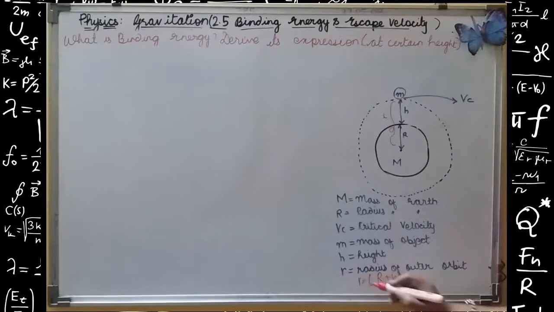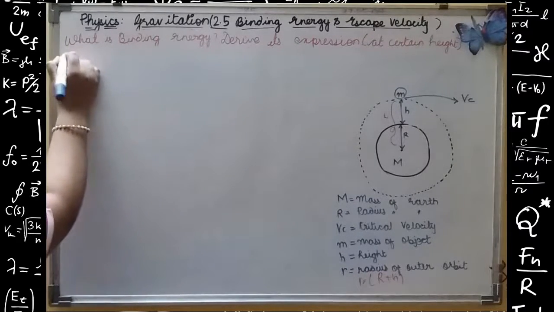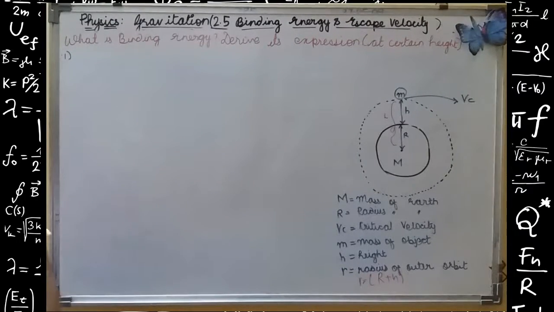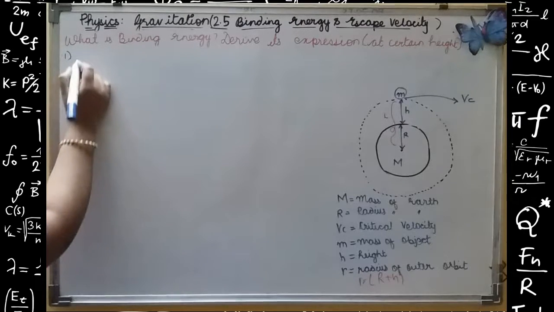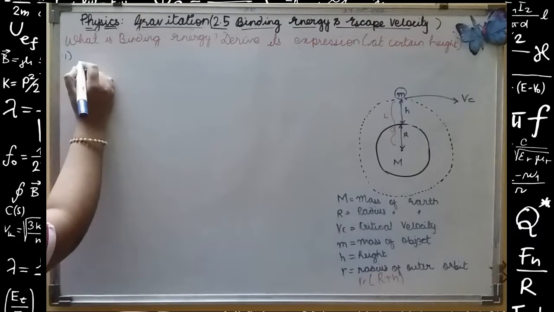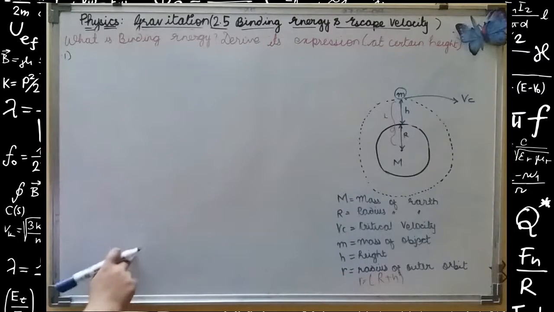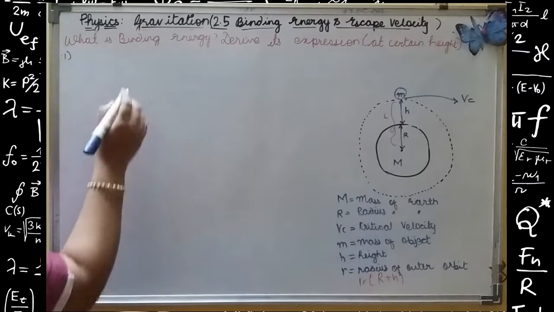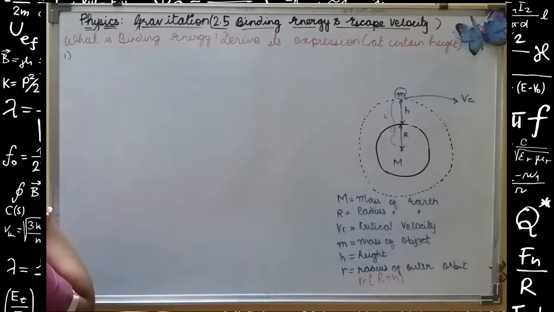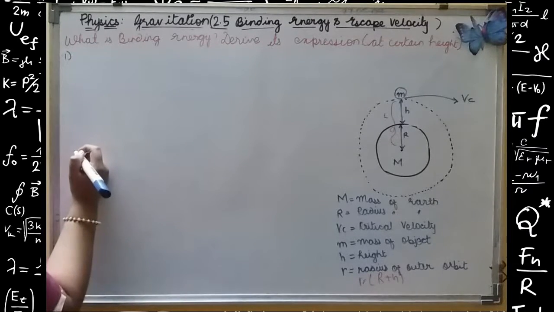First scenario: since the satellite is revolving around the Earth, it will be under the influence of the gravitational pull offered by the Earth, correct? So the Earth will provide it the necessary centripetal force.